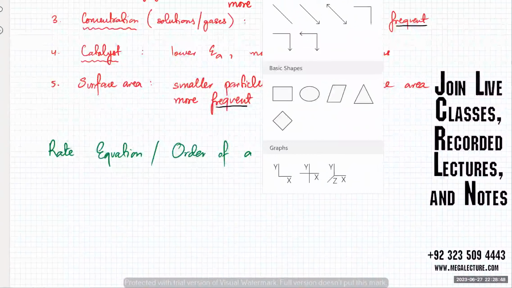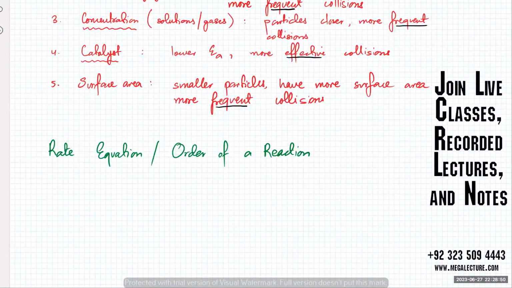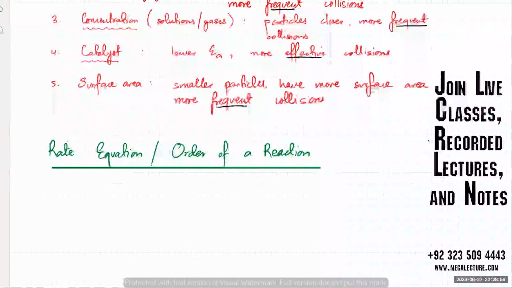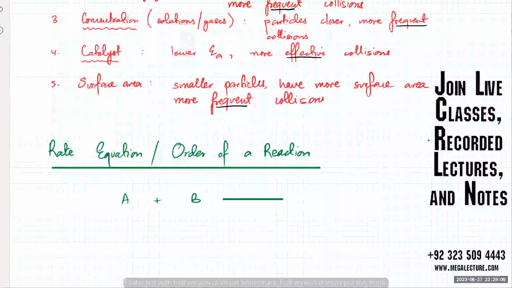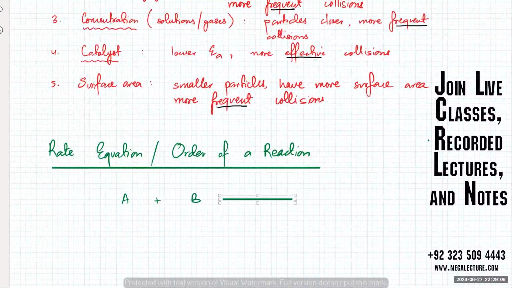So we've got to discuss these two things. Now, if you have any reaction, let's say you've got A reacting with B and producing C.